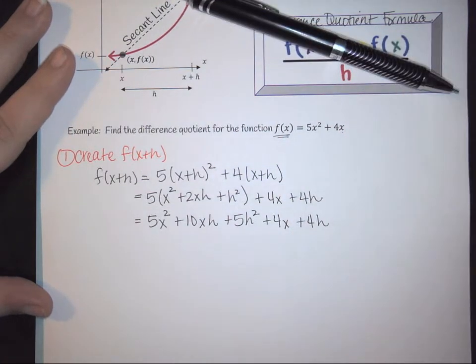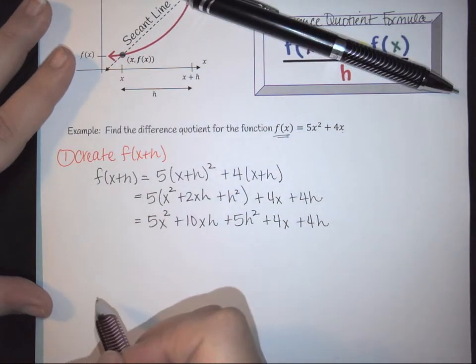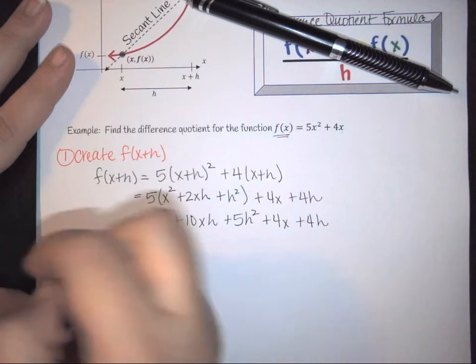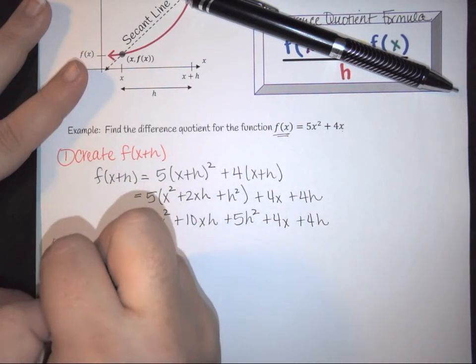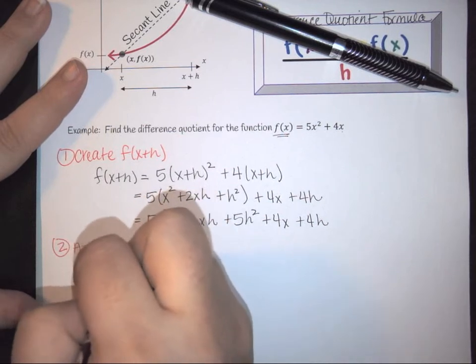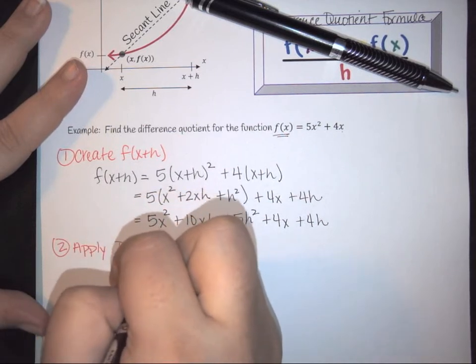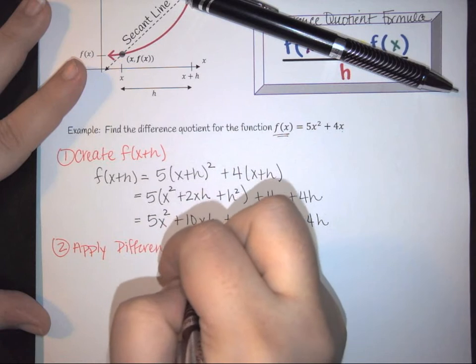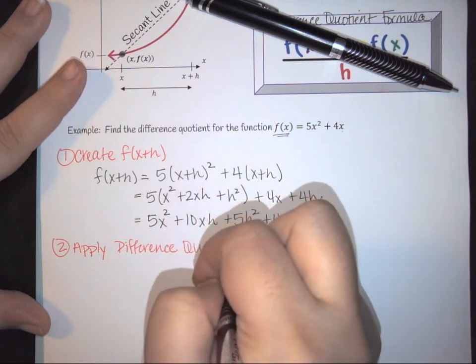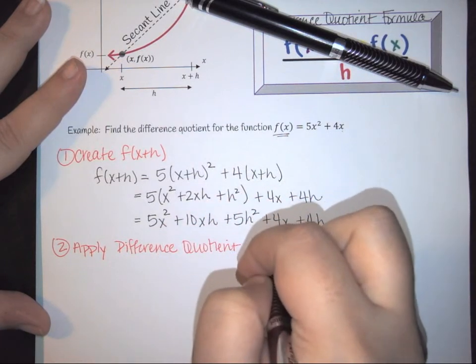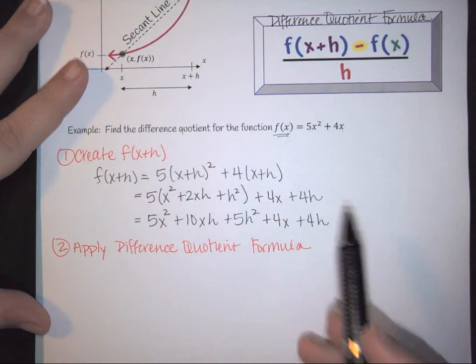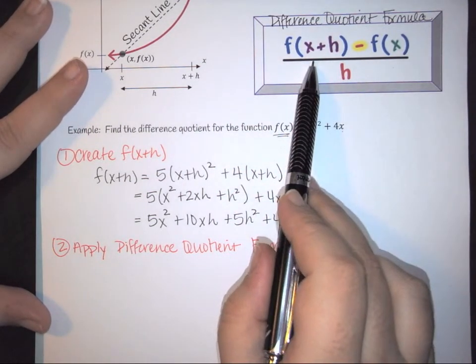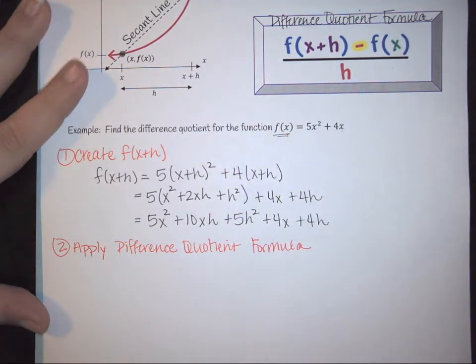Once we've created f of x plus h, the second thing that we have to do is apply the difference quotient formula. That formula says f of x plus h minus my f of x all over h.